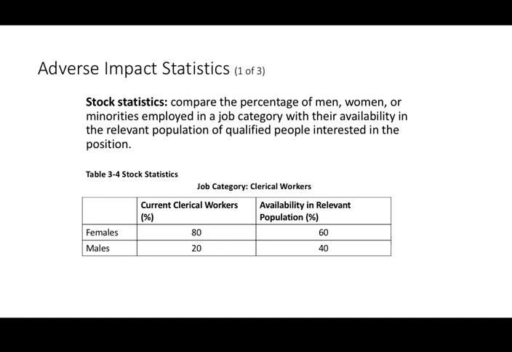It's not just clerical work. It could be any particular position, whether it's daycare worker or clerical worker or marketing director or HR professional. Any of those positions could have similar issues. So be careful. Apply your 4/5 rule and make sure that you have representativeness of the stock from which you are pulling your employees, which is the relevant population of qualified people in your local area.